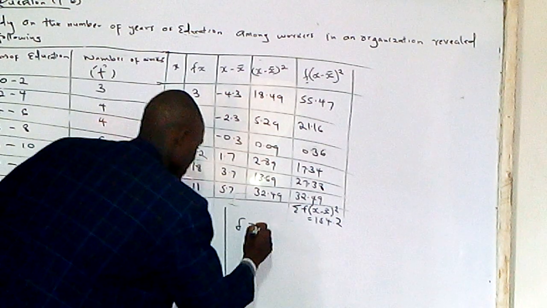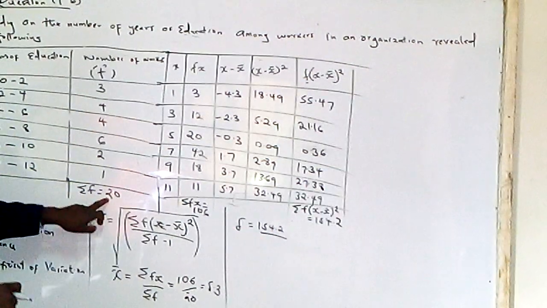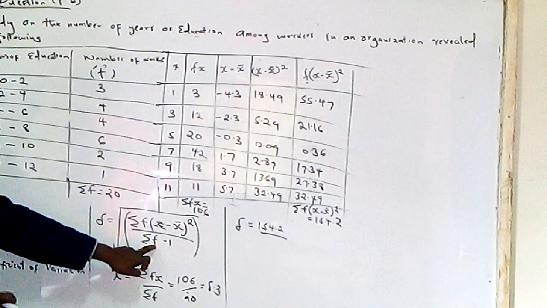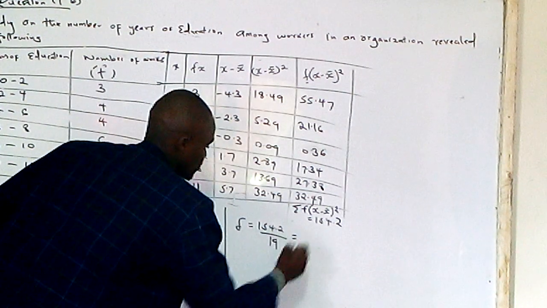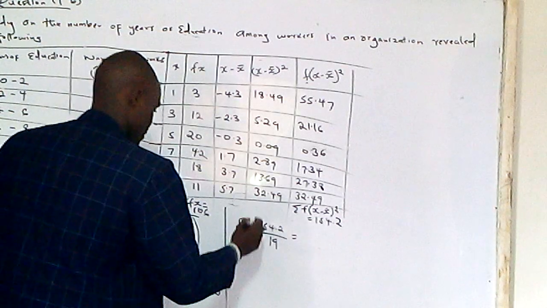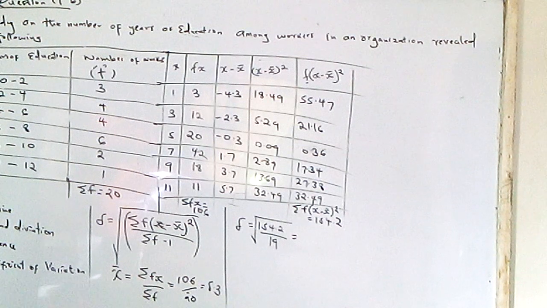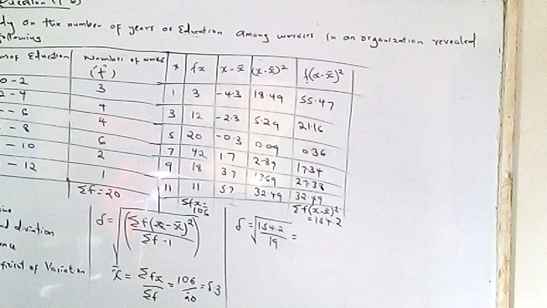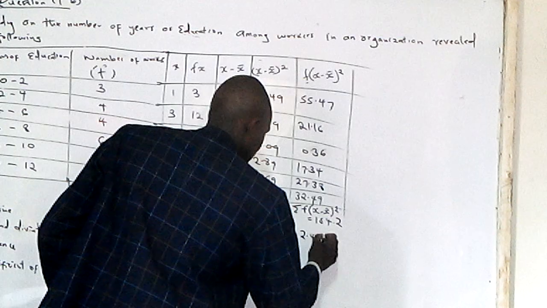So you say 154.2 divided by summation of f, which is 20, minus 1, that is 19. You get 8.1158. Remember to find the square root, and you get 2.8488.